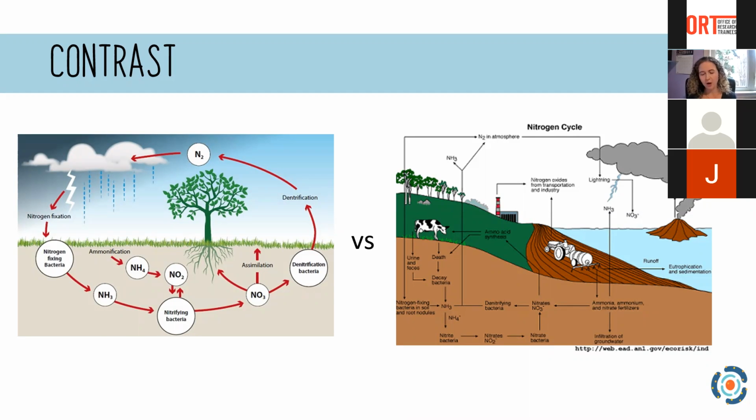Whereas in the illustration on the right, all the arrows and labels are in the same font size, same shade of black. So again, it's kind of confusing and your eye isn't sure, there isn't a clear path for your eye to follow. Whereas in the left illustration, there definitely is.